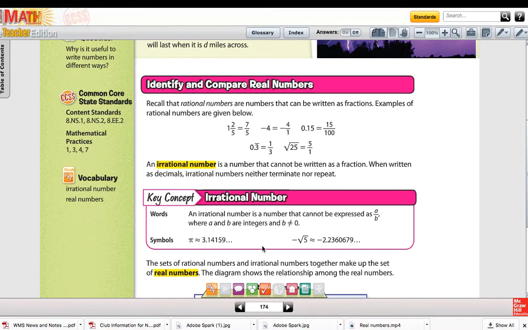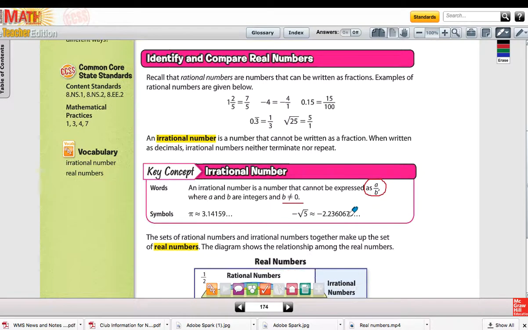And of course, they don't terminate. So there's some examples there. And then in words, an irrational number is a number that cannot be represented as a over b, where a and b are integers, and b is not equal to 0. So rational numbers can be written as a fraction, whereas irrational cannot be.